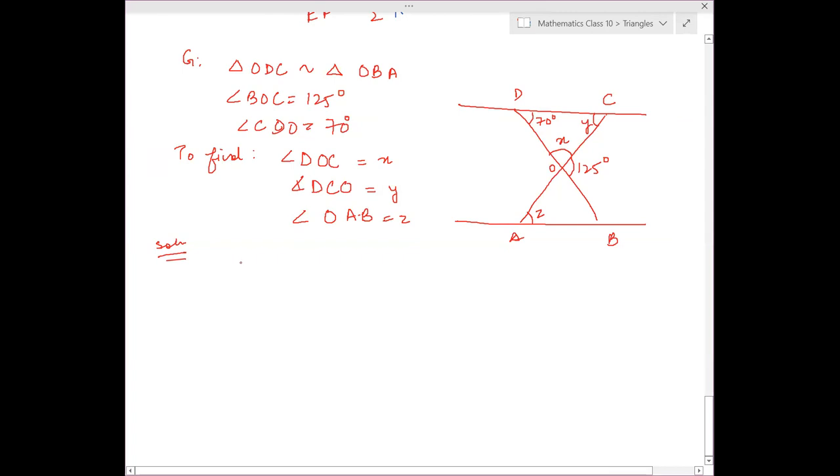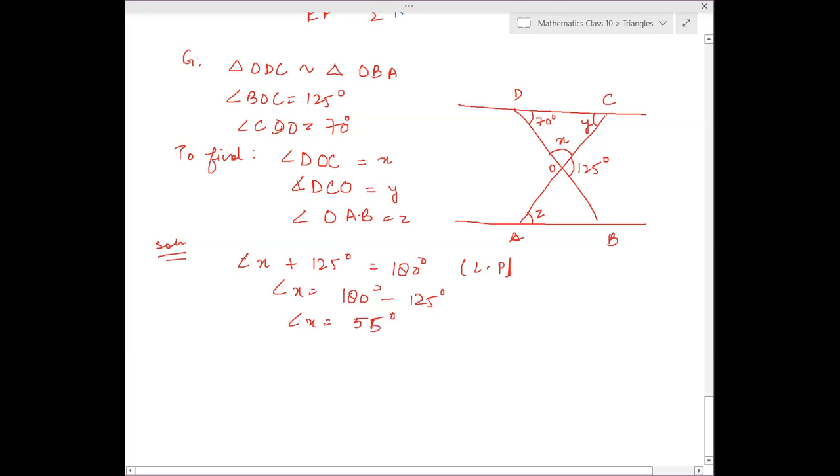Exactly. It's a linear pair. Yes, Hamna? Angle X plus 125 degree is equal to 180 degree. It's a linear pair. So angle X will be 180 minus 125. How much? 55. Yes. So angle X is equal to 55 degree.